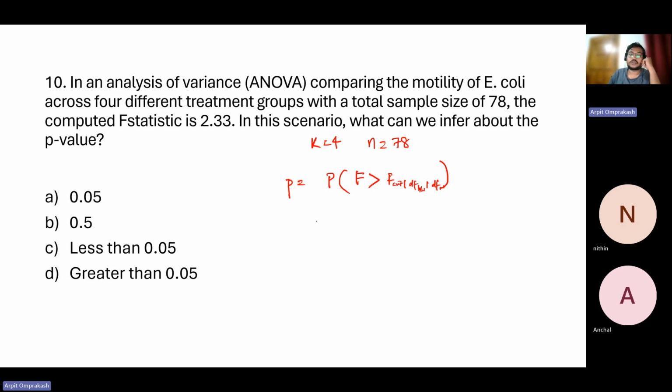Now our degree of freedom between the groups, since we have four groups, will be k minus 1, which is 4 minus 1, which is 3.